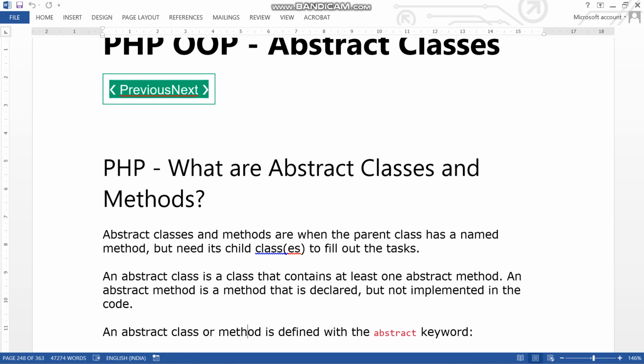An abstract class is a class that contains at least one abstract method. An abstract method is a method that is declared but not implemented in the code. So if you have a plan but it's not fully created, then you can create an abstract.